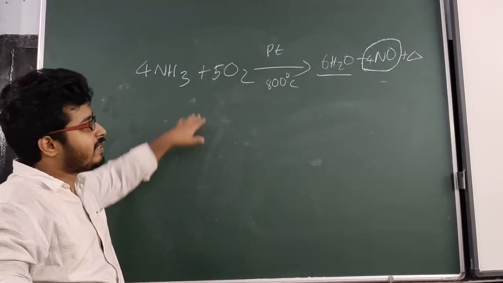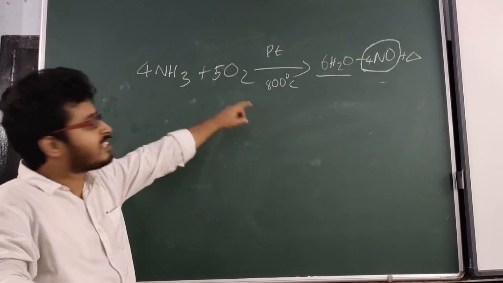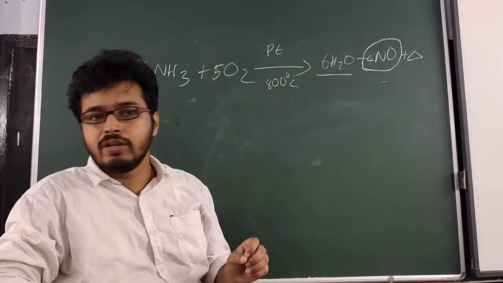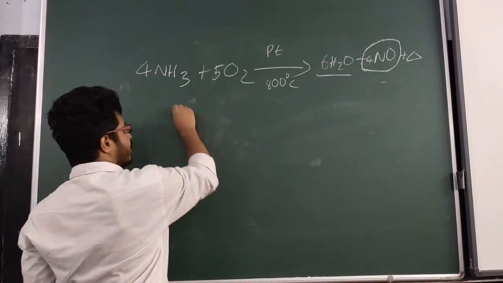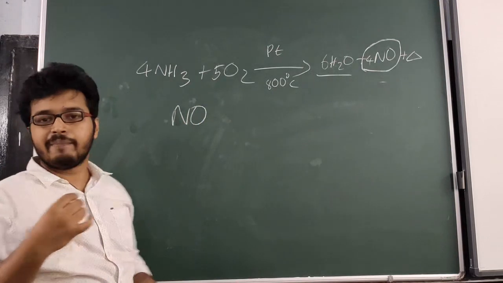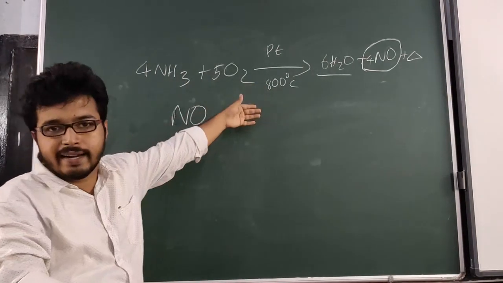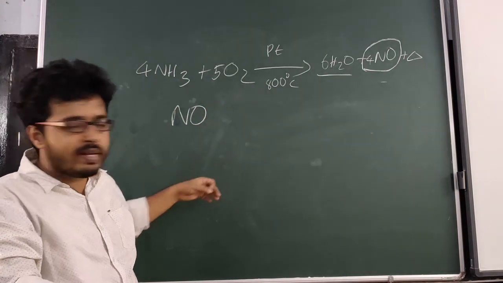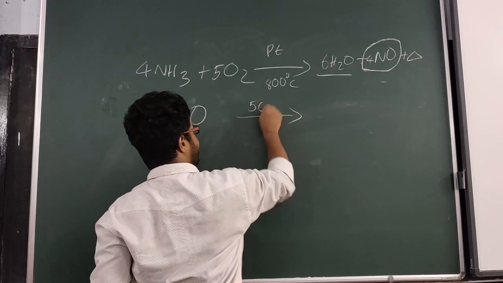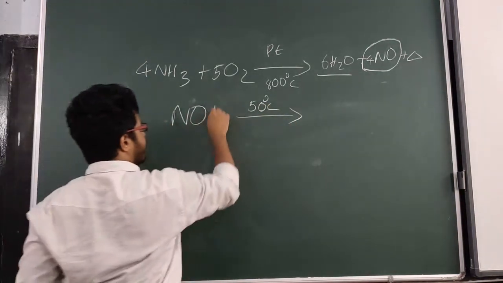Now there is a problem with this. The NO gas that is produced in this reaction is very less stable. If you are collecting that NO gas, at the current condition the temperature is 800 degrees Celsius, but if the temperature is decreased to about 50 degrees Celsius, the NO gas can react further with oxygen.